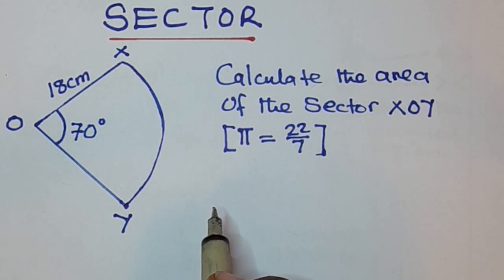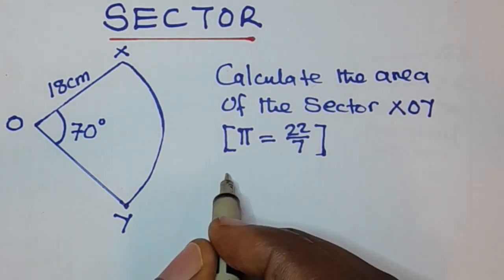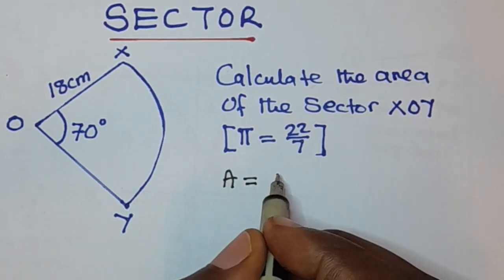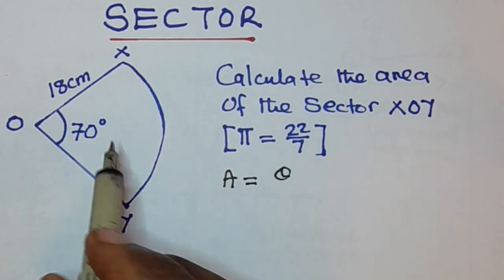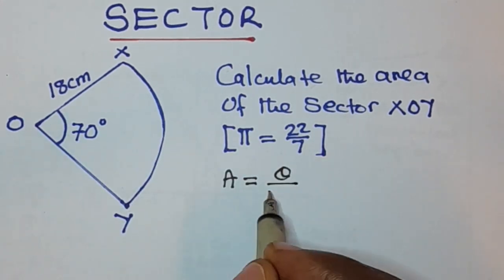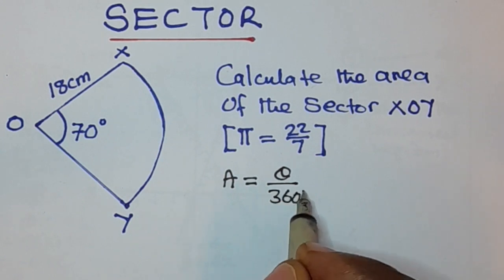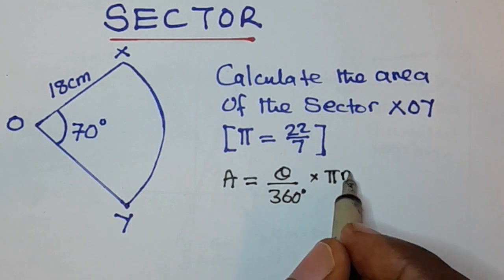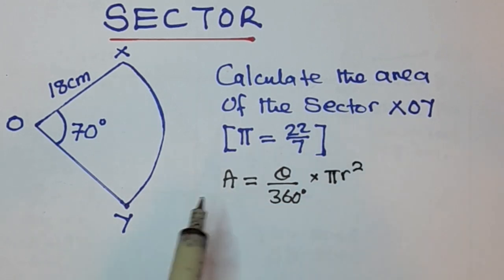So to find the area of a sector, we use the formula: area is equal to theta, where theta is the central angle here, over 360 degrees times pi r squared.